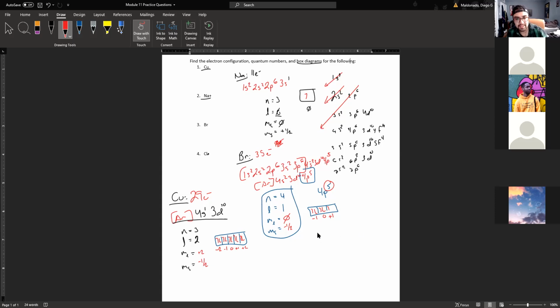And then the last one, which is chlorine. And I think that'll wrap up quantum numbers and electron configuration for now. Hop back up to doing molecules. For chlorine, what is the closest noble gas to chlorine? Neon.